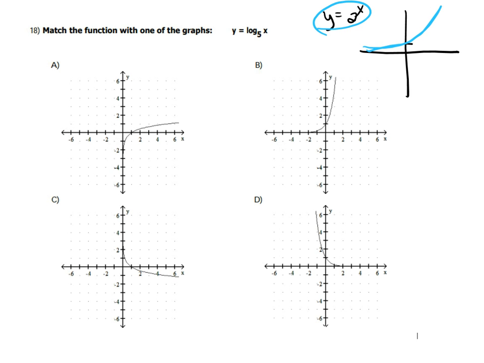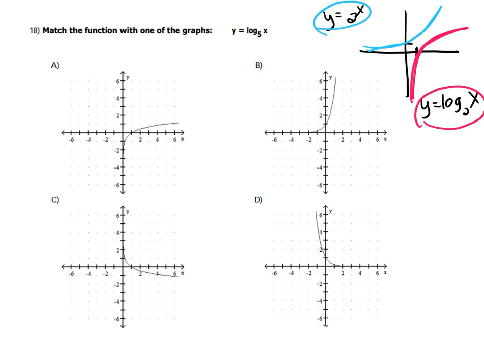Well, the inverse would be y is equal to log base 2 of x, and this one looks like this. And they're inverses of each other.